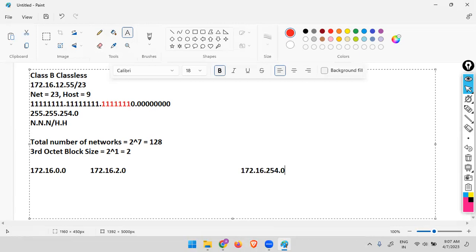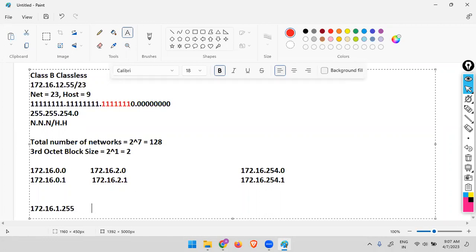First IP: 172.16.0.1. This will be 16.2.1. This will be 16.254.1. The first network ends where my second network starts at 2.0, right? So this will end at 1.255.